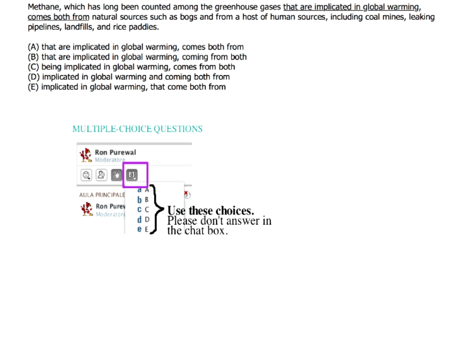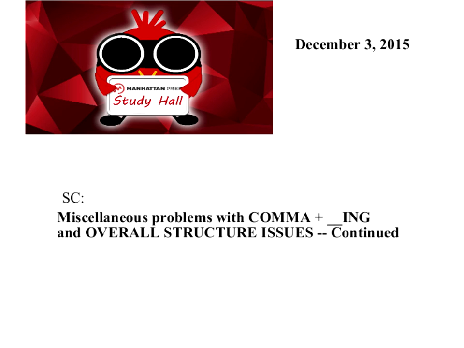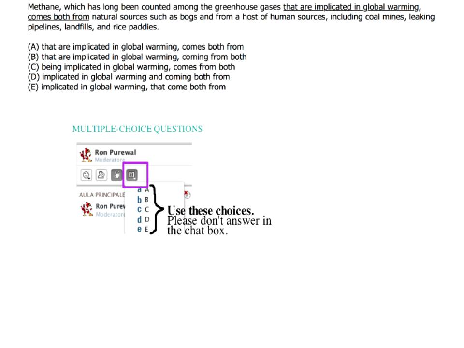Okay, so if you remember the theme today, at least one of these two things is going to be present in the problems, either comma-ing or issues with overall structure. And if you have any kind of practice that is blocked according to a theme, what you have to do is make sure that you are not relying on that to identify the errors.